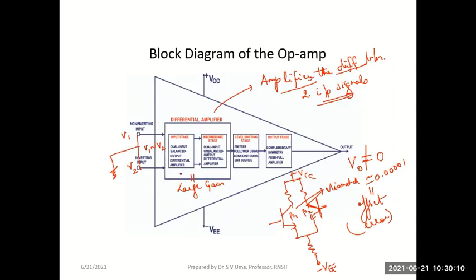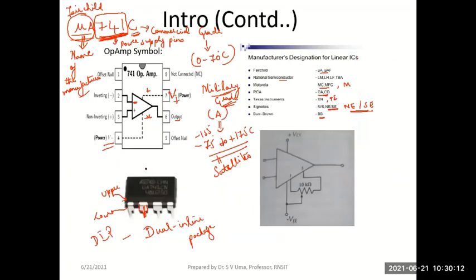And that offset voltage has to be removed if we want high accuracy or high precision applications. If you are using the op-amp for very high accuracy or precision, you will have to take care of that offset voltage and eliminate it.